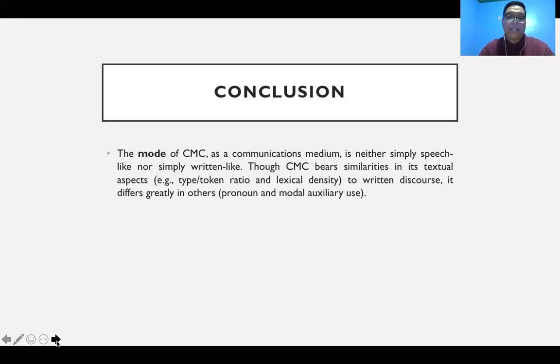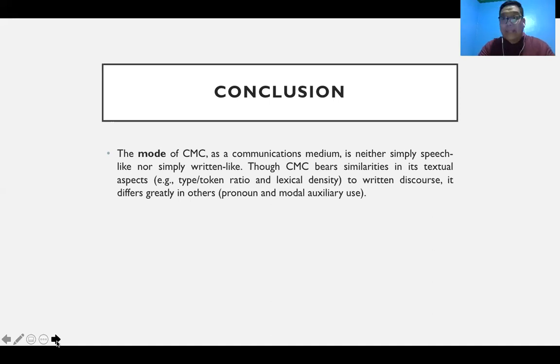Though CMC bears similarities in its textual aspects, for example, when you contrast CMC with written discourses, you could really identify that there are types or tokens, there is lexical density. It differs greatly in other aspects as well. For example, the pronoun usage. When you converse or communicate using emails, sometimes there is more connection unlike when you say it in a spoken way.